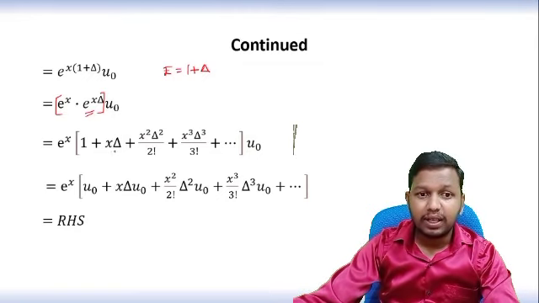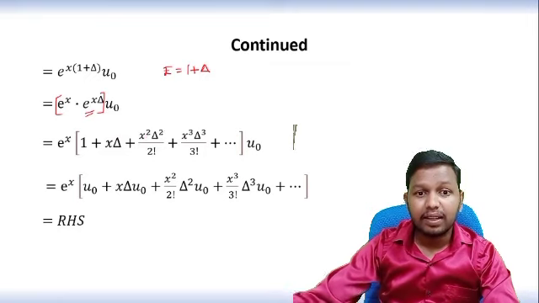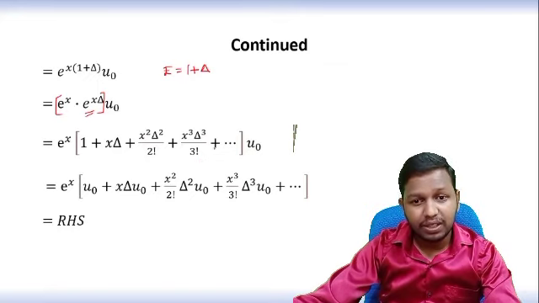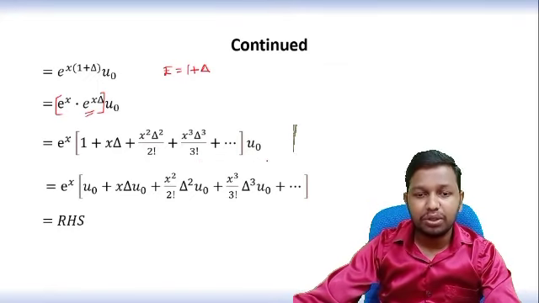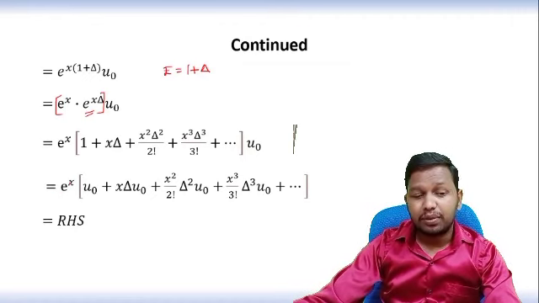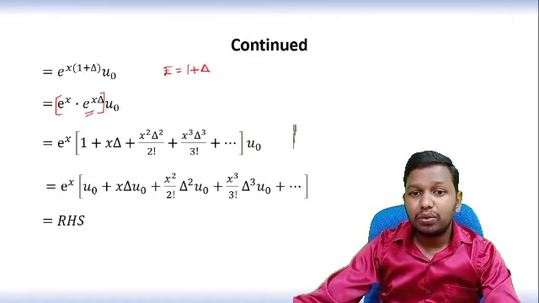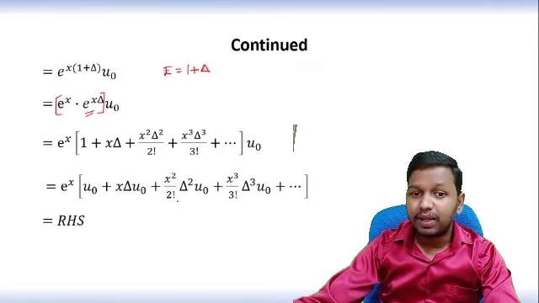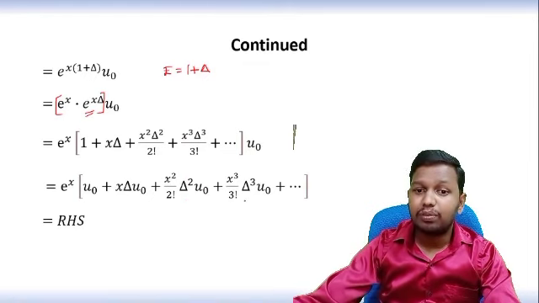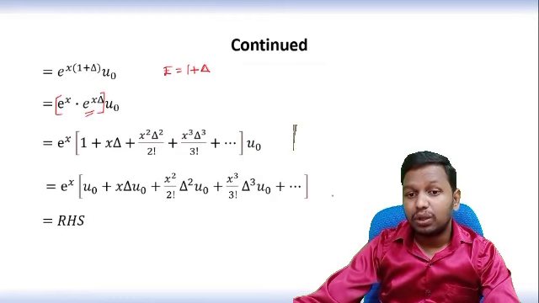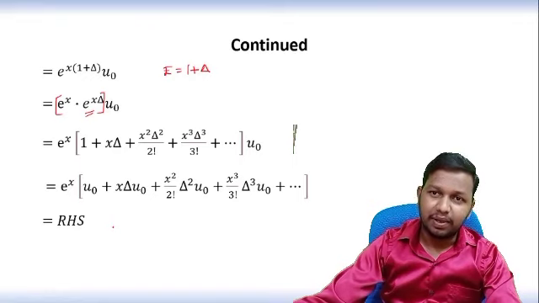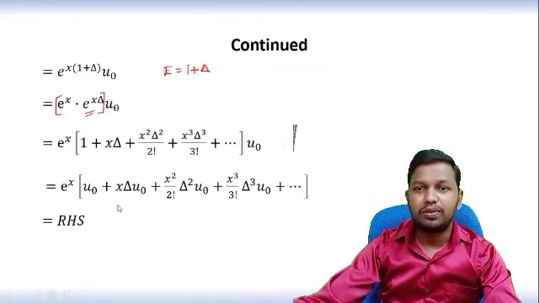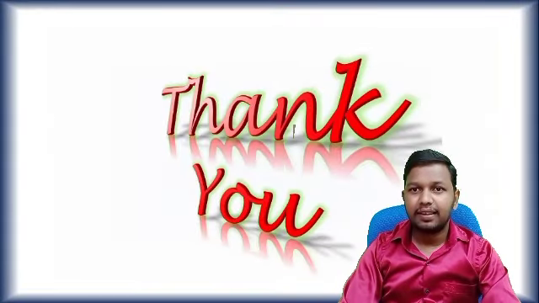We get 1 plus x delta plus x square delta square by 2 factorial plus x cube delta cube by 3 factorial plus and so on into u naught, which is equals to e power x into u naught plus x into delta u naught plus x square by 2 factorial into delta square u naught plus x cube by 3 factorial delta cube u naught plus and so on, which is equals to our required solution, that is RHS. Thank you for watching the video.